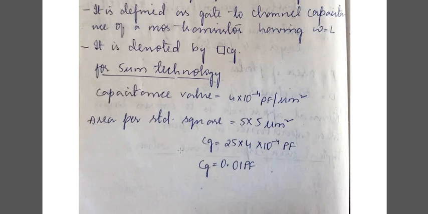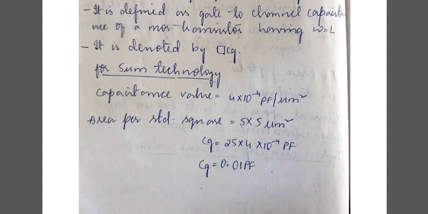So I am giving an example for a 5 micrometer technology. The capacitance value is given as 4 into 10 to the power of minus 4 picofarads per micrometer square, and the area per standard square is, for 5 micrometer technology, 5 into 5, that is 25 micrometer square. Now calculate your Cg over here.